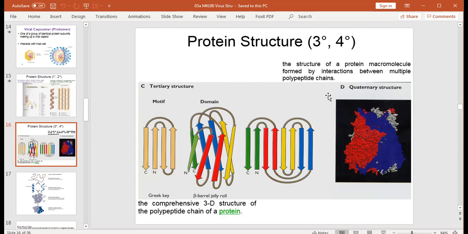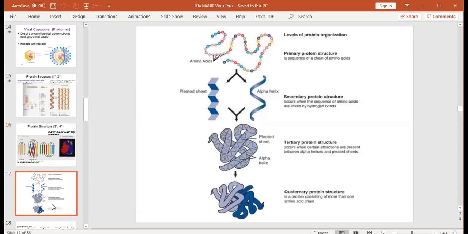And lastly, the quaternary structure of a protein is the structure of a protein macromolecule that is formed by various interactions between the multiple polypeptide chains that compose the protein itself.